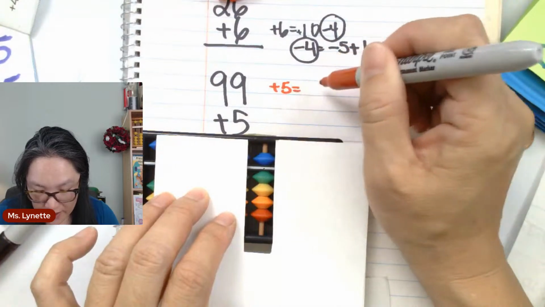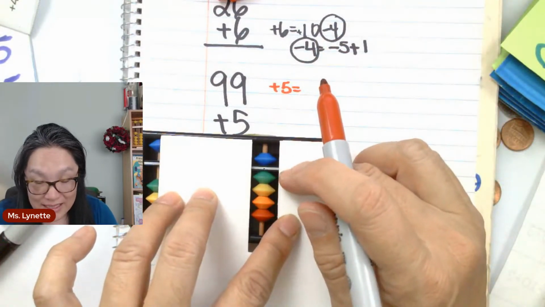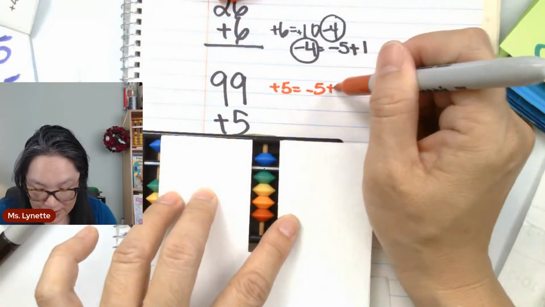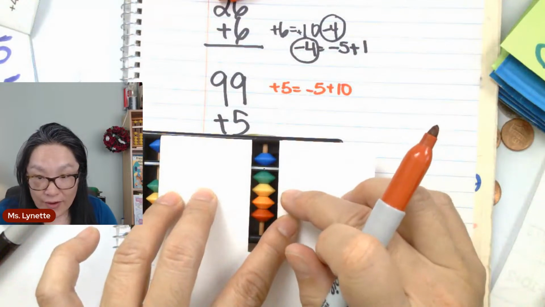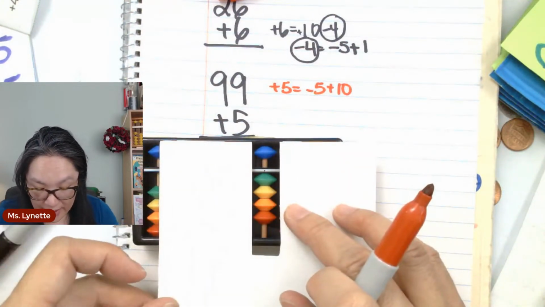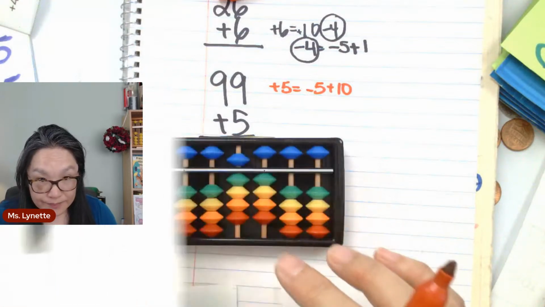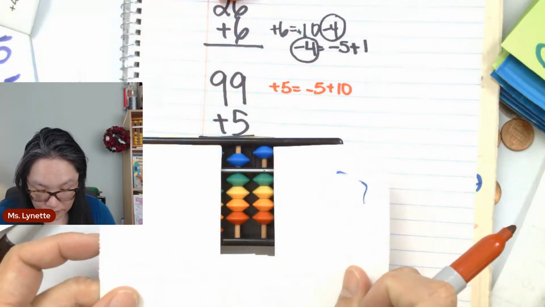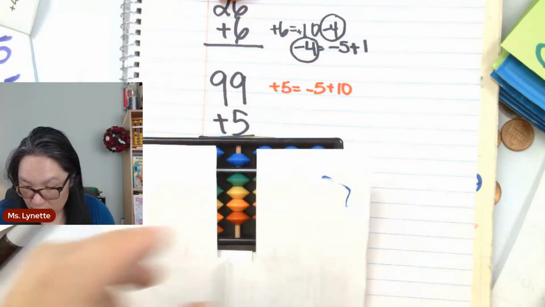So my question is, plus the 5 is equal to minus the 5 plus the 10. I want to minus the 5 so I don't forget. So I'm going to minus the 5, and now I need to plus the 10.